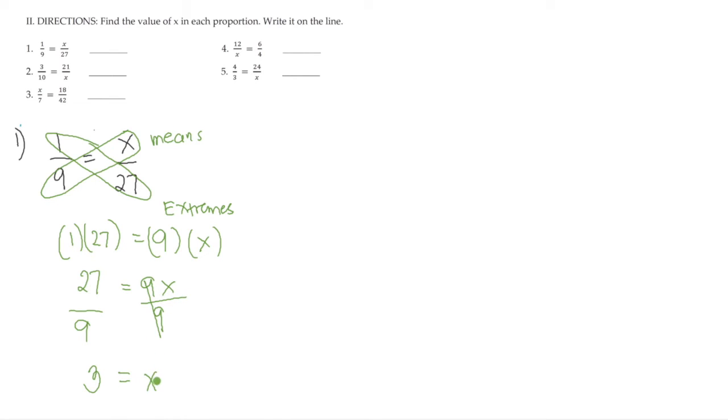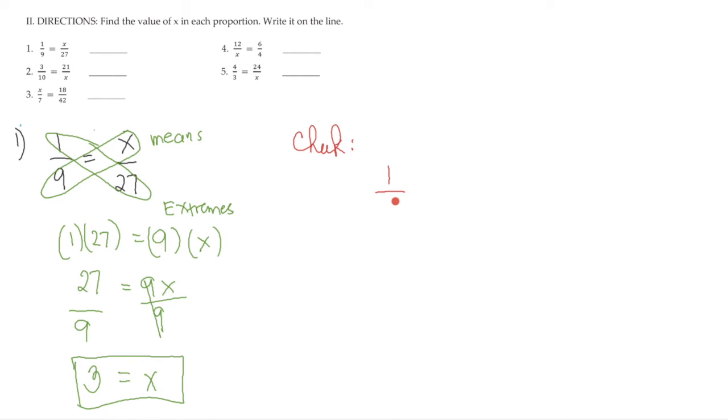Hindi ko na sinulat yung 1, kasi po, tandaan ninyo na lahat ng variable may invisible na 1 as their numerical coefficient. Ibig sabihin nito, the value of x is 3, or yung nawawala daw na number dito is 3.